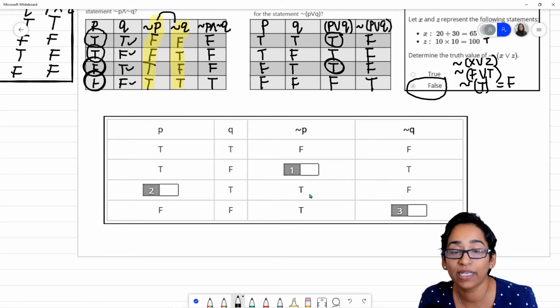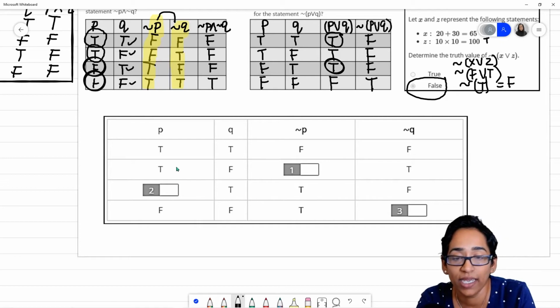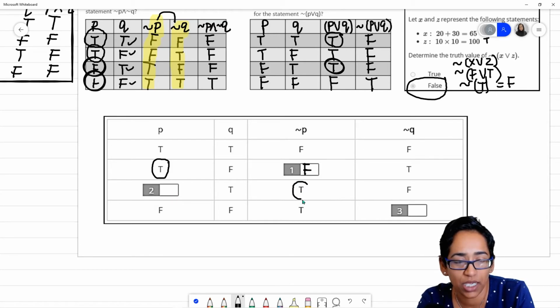All right? Okay, now let's complete this one. They're asking me to complete the blocks here. So they're asking me to complete not P. Let me take a look at P. P is true, so not P is false. What about this one? They don't have anything here, but they say not P is true.